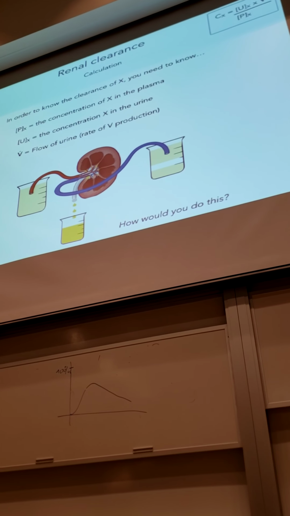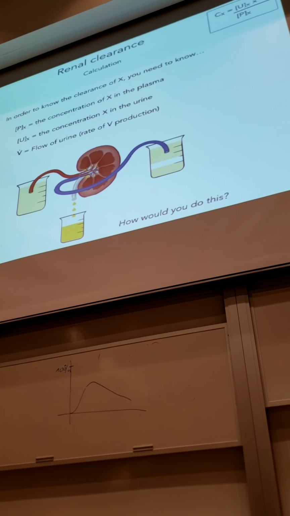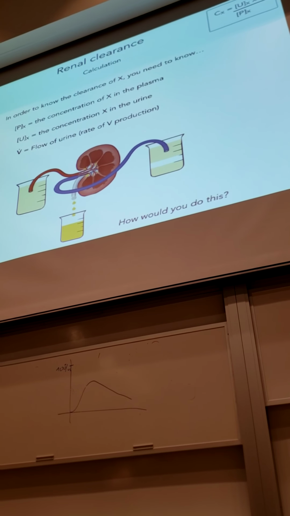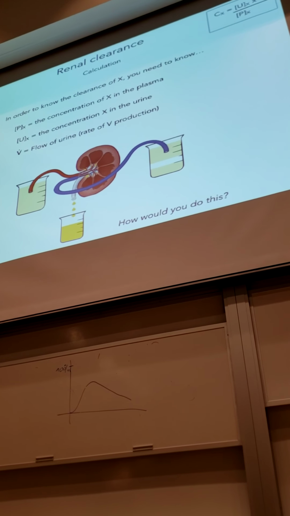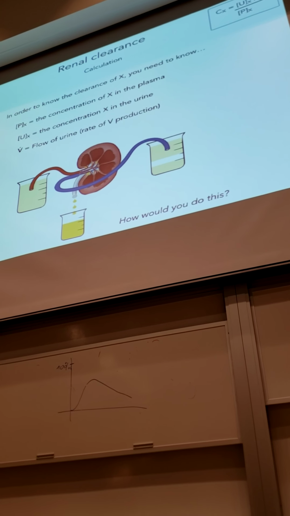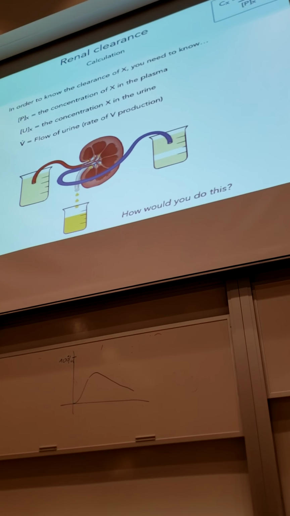And then we need to know how much ends up in the urine, right? We've got two ways of dealing with that substance that comes into the kidney. What are the two ways? We could put some of it in the urine, and the rest of it can go back into the blood. So substances that enter the kidney will either exit the kidney as urine, or they'll exit as venous blood.